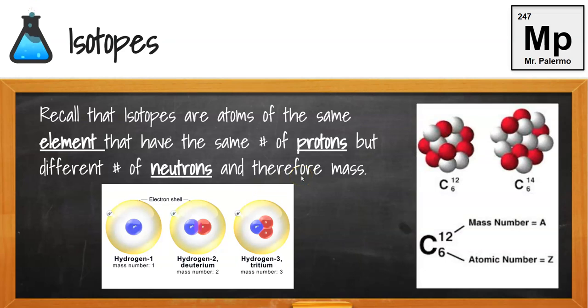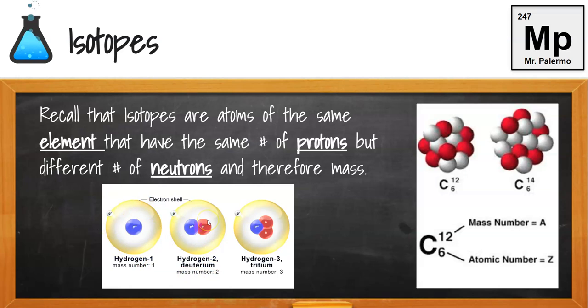Also recall that we learned about isotopes. Isotopes are atoms of the same element that have the same number of protons but a different number of neutrons, and therefore their mass changes. If we look at the three isotopes of hydrogen here, hydrogen has one proton. That's why it's considered hydrogen. But these three isotopes have different numbers of neutrons, and therefore their mass is different. We have no neutrons in hydrogen-1, so the mass is just 1.